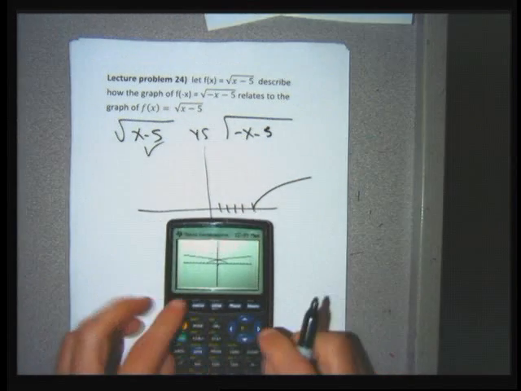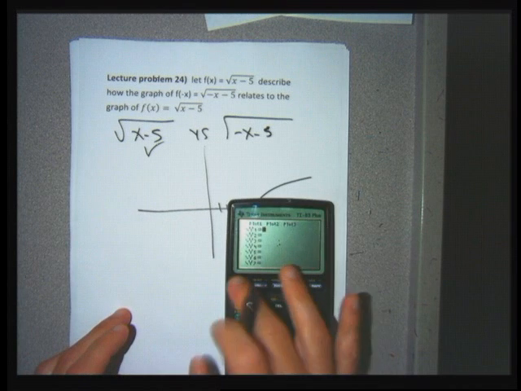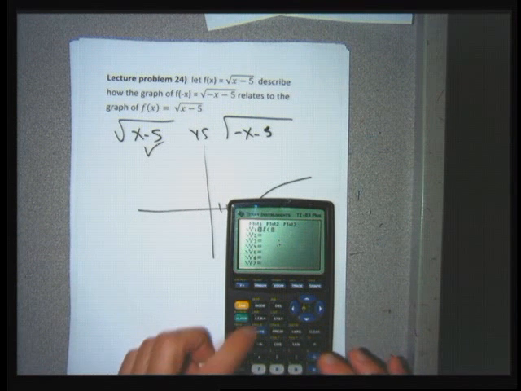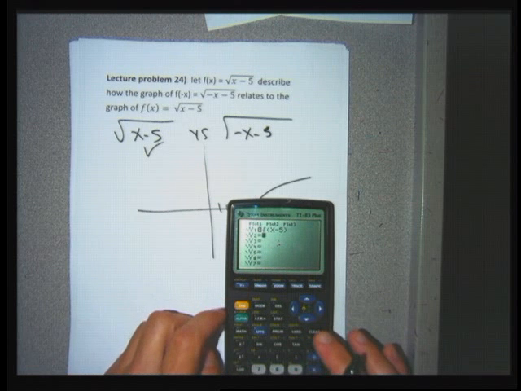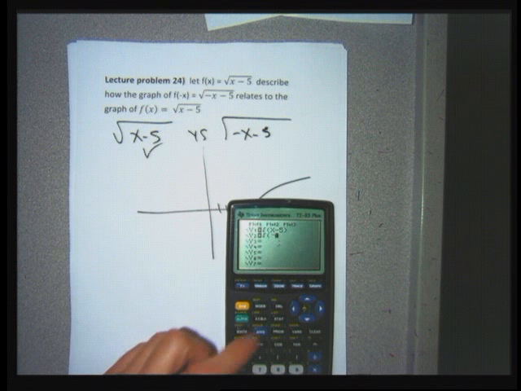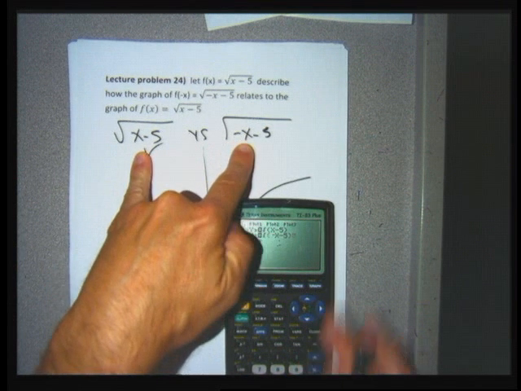So let me do both of these, just so you can see. So second square root x minus 5, and then second square root negative x minus 5. So what these have in common is I replace the x with negative x.